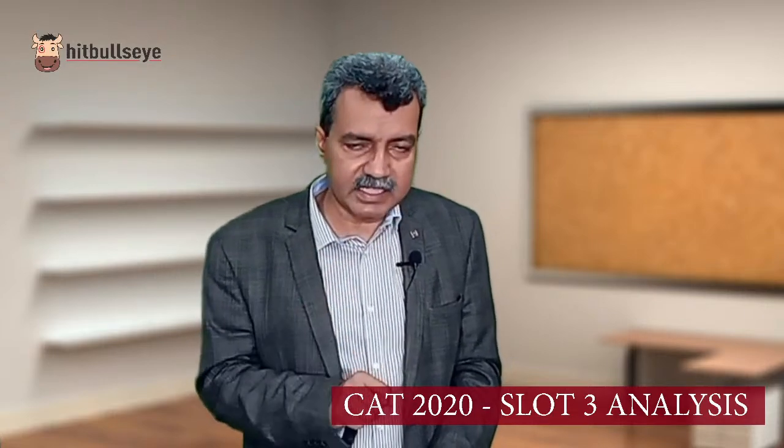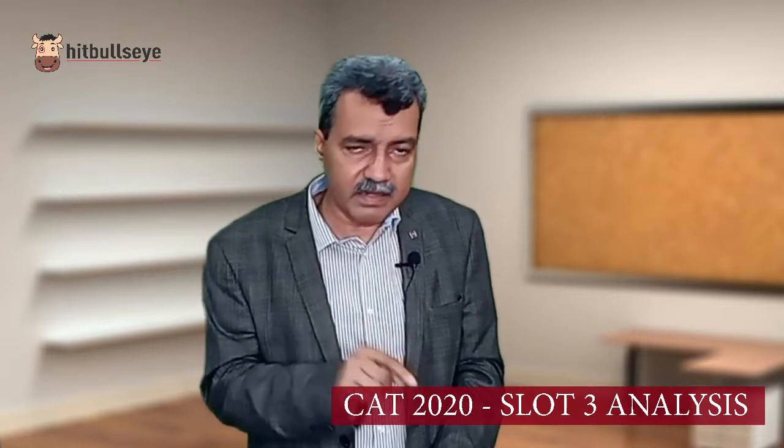And the third section is mathematics. Like the earlier 2 slots, the math section had some questions which required a lot of calculation and took a lot of time. The questions were not of a very high level of difficulty, but when you were solving them they took time, so the time pressure was there.